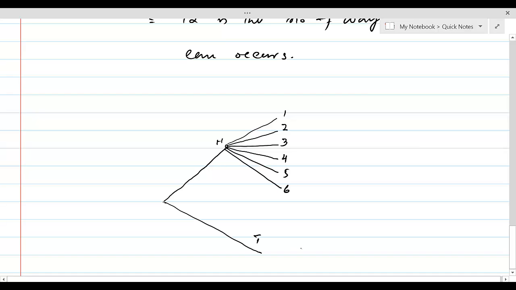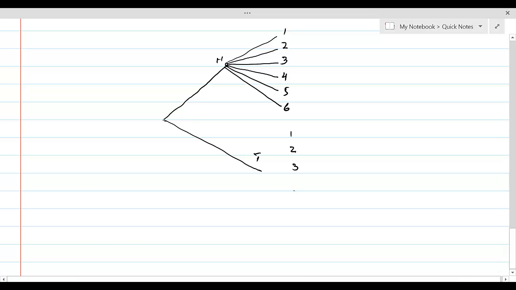And similarly, if the outcome for the coin was tail, then there should be again 6 different branches: 1, 2, 3, 4, 5, and 6.